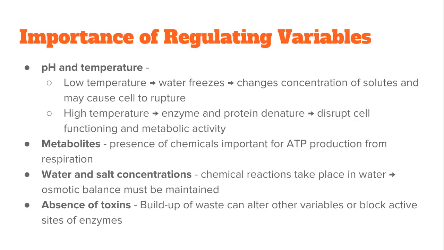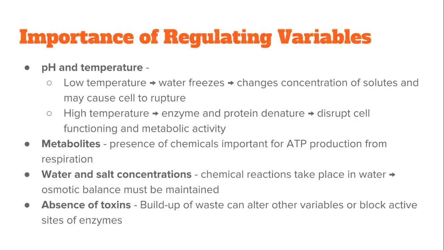Metabolites. There are some metabolites that need to be present inside our body to make sure that chemical reactions occur. This is especially important for the creation of ATP, otherwise known as our energy, and that allows respiration to take place. Water and salt concentrations are another thing we need to regulate.